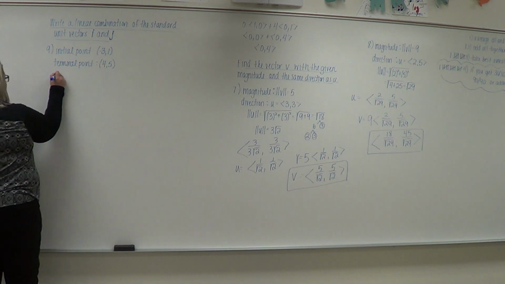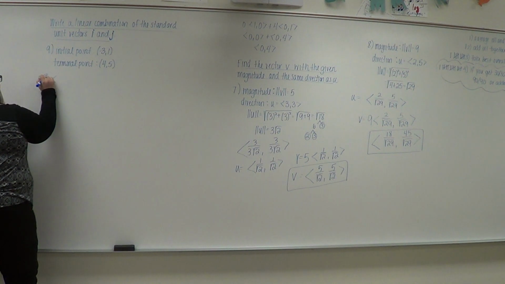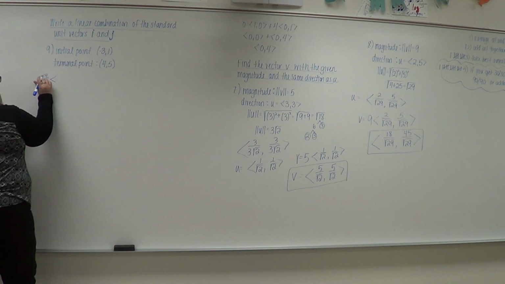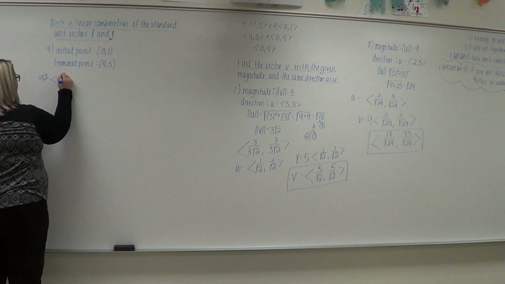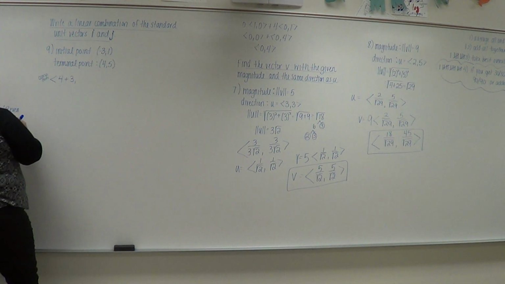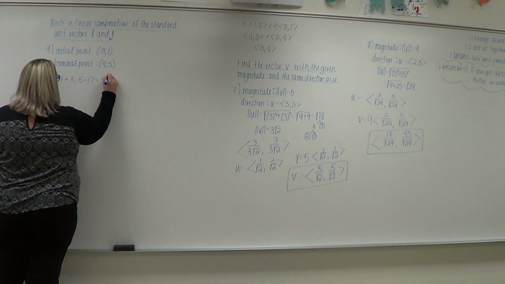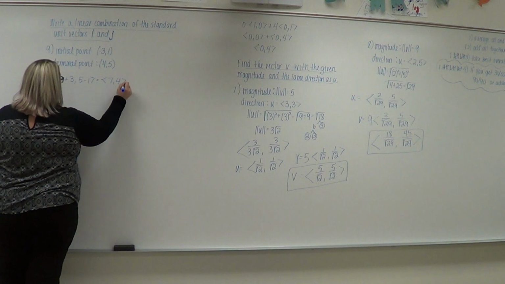Terminal minus initial. So if this is component form, I would have had 4 minus negative 3, which is 4 plus 3, and 5 minus 1. So component form, this would be 7, 4.